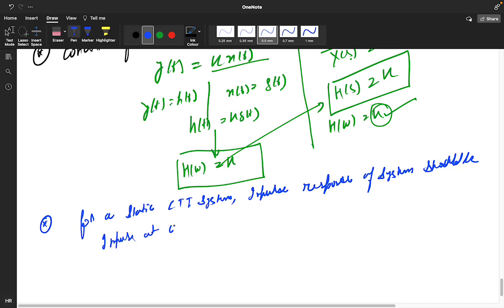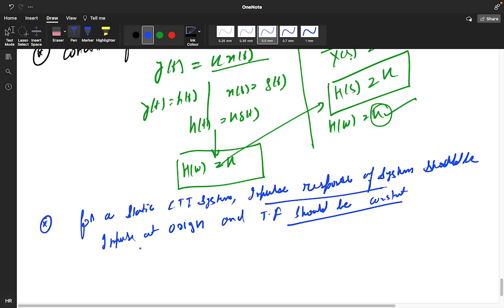Impulse at origin, no scaling, no shifting will come, and the transfer function should be constant. Remember one. Okay, so for a static LTI system, the impulse response of the system should be an impulse at origin.